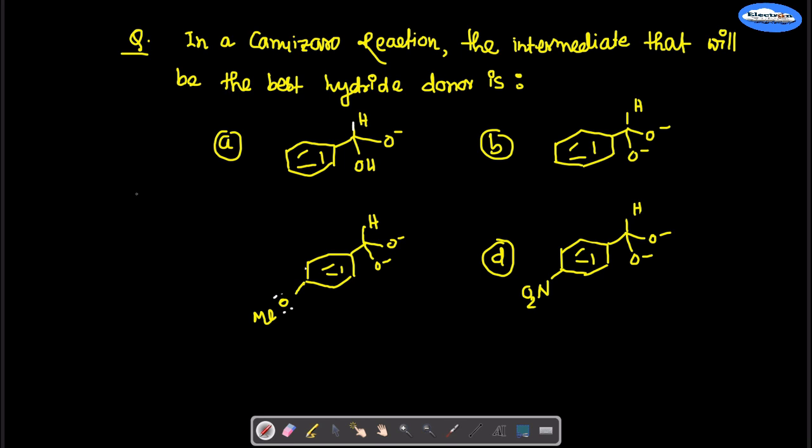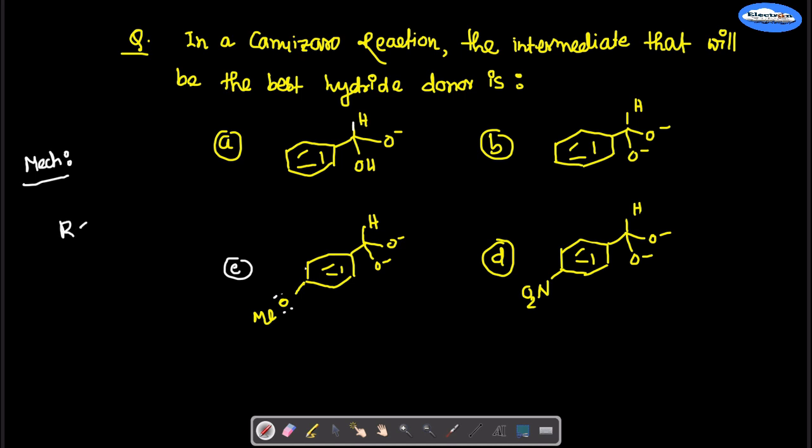In this question, in a Cannizzaro reaction, the intermediate that will be the best hydride donor is. Here the options A, B, C, D are given, and this is option C. In this reaction, the hydride donation will be explained by the mechanism of the dianion intermediate of Cannizzaro reaction.